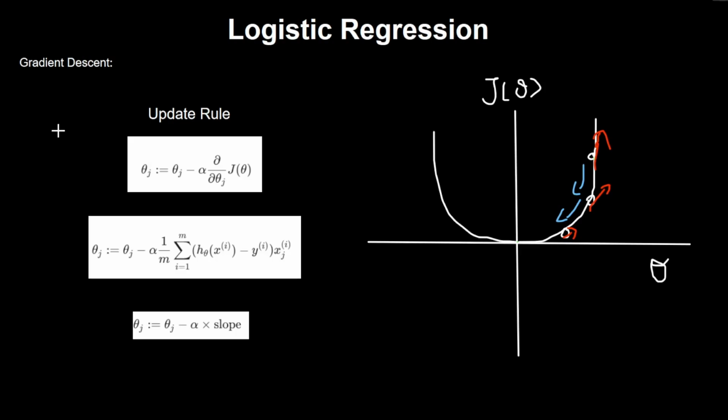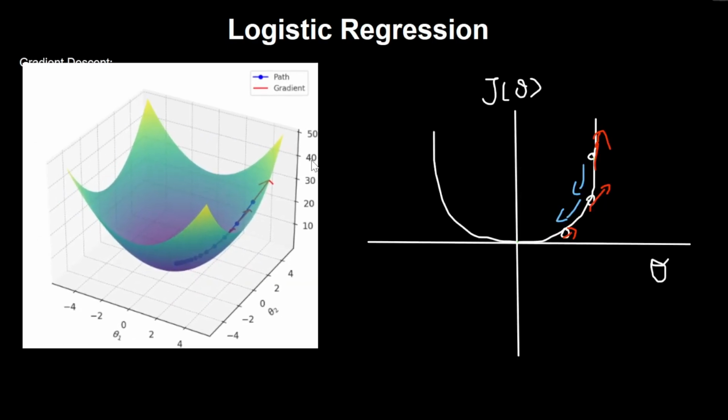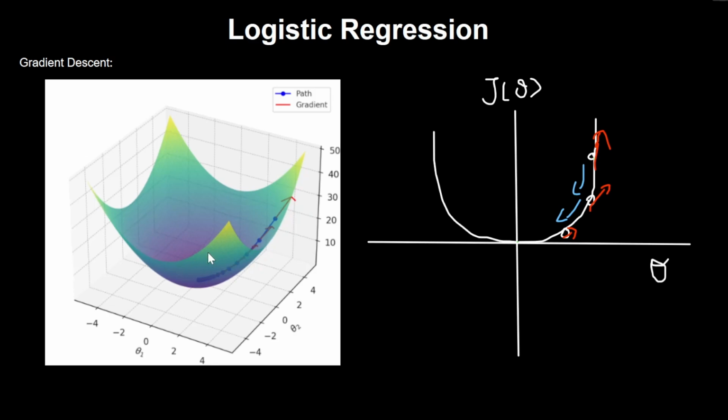Before seeing the convexity of the optimization function graph, let's look at another graph here. So this is when we have a single parameter. This image is when we have two parameters, theta 1 and theta 2. So instead of 2D, we have a 3D graph, and the vertical axis represents the cost function which we want to minimize.